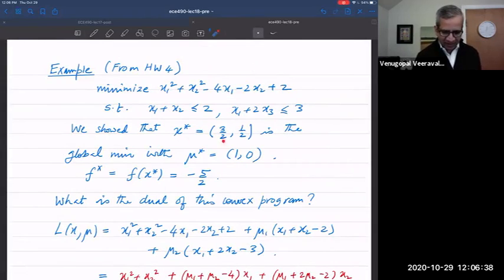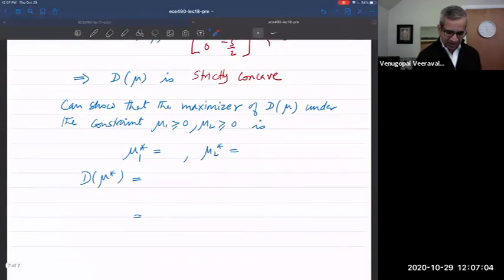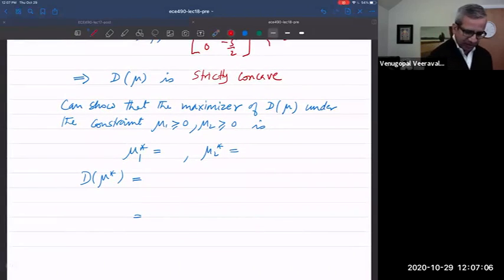We showed that x star is this, with mu star is 1, 0. And our strong duality result says that this should be the solution that maximizes the dual function, or minimizes the negative dual function. It's on the boundary because mu2 is 0. So it's not hard to show that mu1 star is 1 and mu2 star is 0.